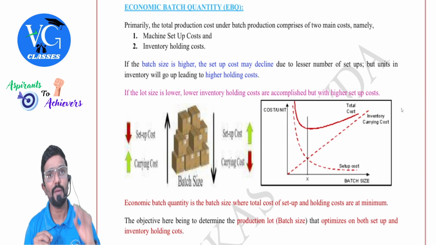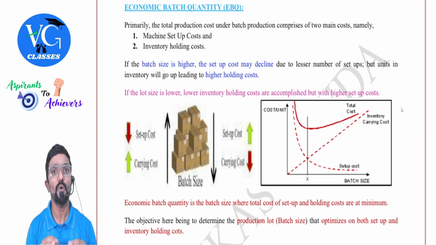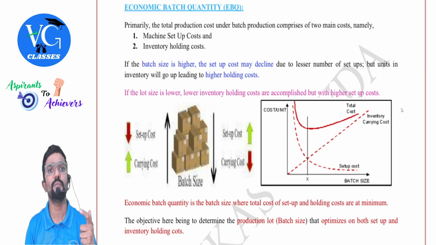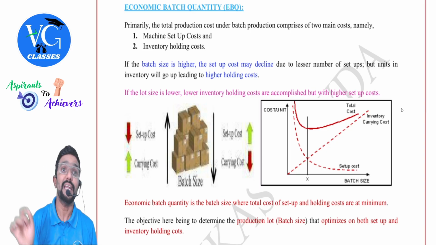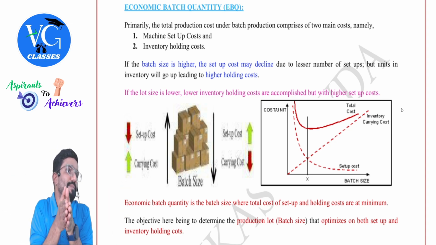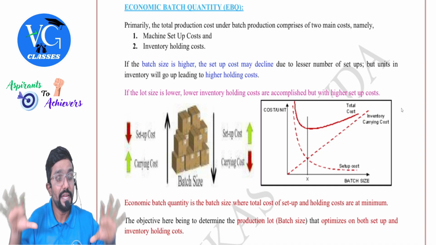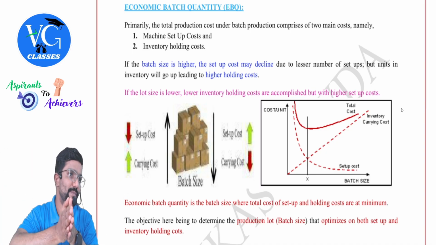That means every time I place a fresh order, if I place it for 10,000 units, my total of carrying cost and ordering cost would be minimum. And at EOQ, total carrying cost and total ordering cost would be the same. Total of both will be minimum. Individually, both will be equal.